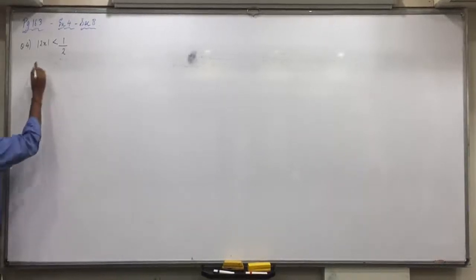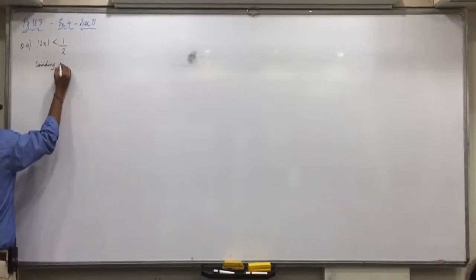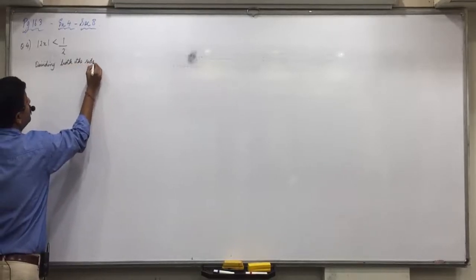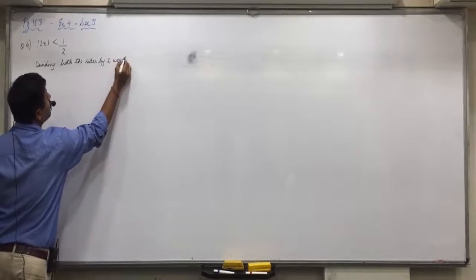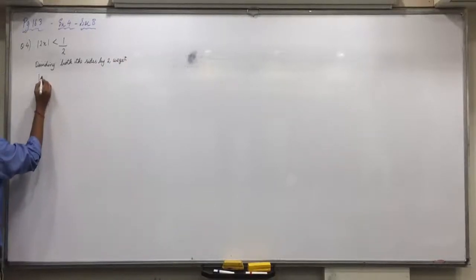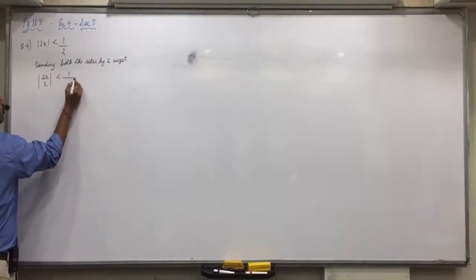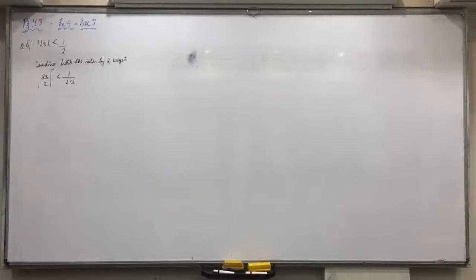So here we can use this concept, dividing both sides by 2. We get modulus 2x upon 2 less than 1 upon 2 into 2. Can I write that? Yes.